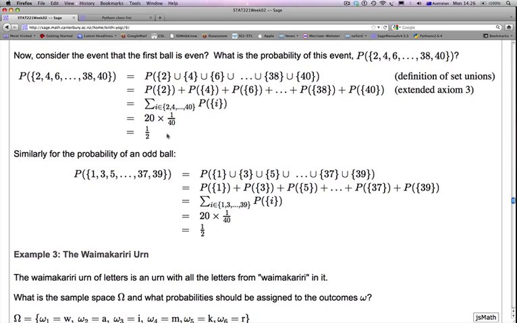And that's just half. So the probability of the event that the first ball that comes out of the lotto machine is an even numbered ball is just 1/2.